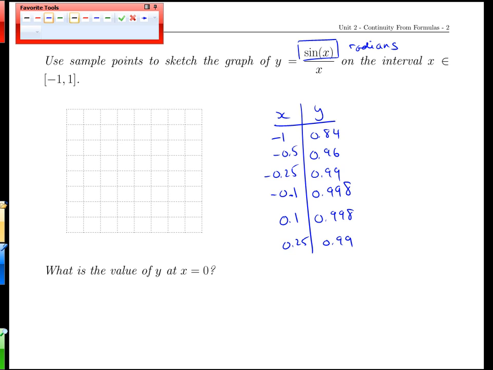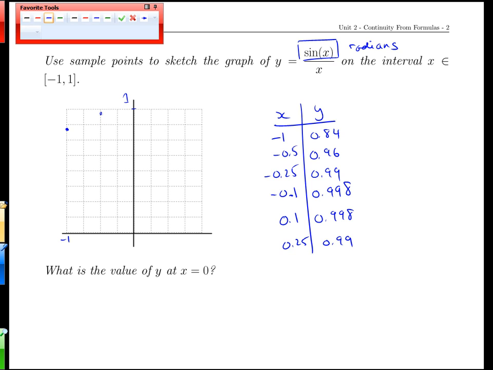So let's do a little sketch of this. Put 0 in the middle. And these numbers are getting very, very close to 1. So let's put 1 at the top here. There. And what do we got? That's 0.5, 0.75, so 0.84 is about here. Let's make that -1.